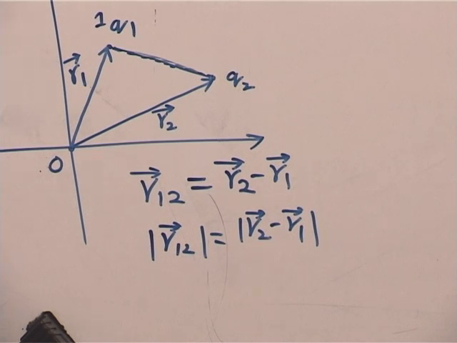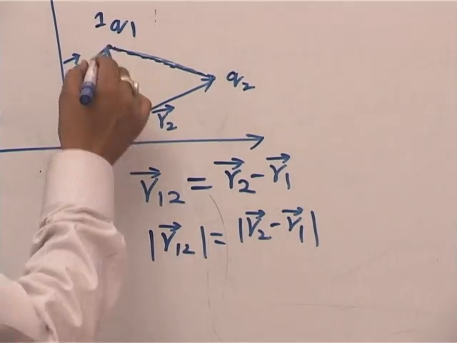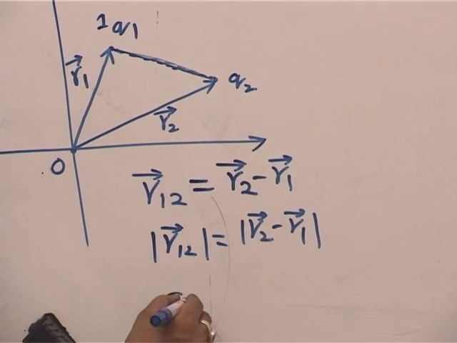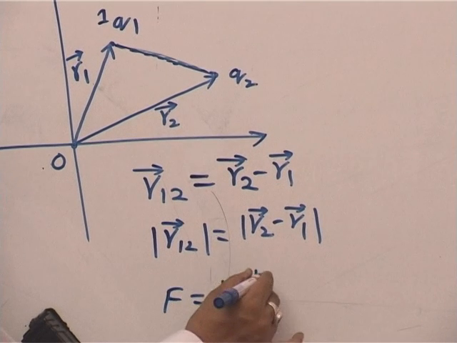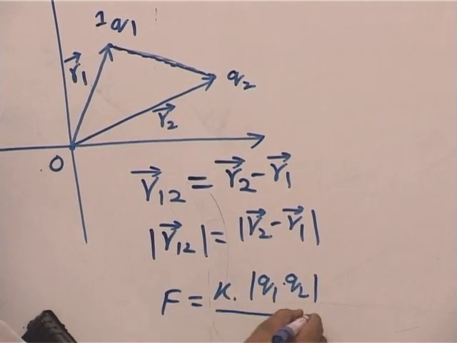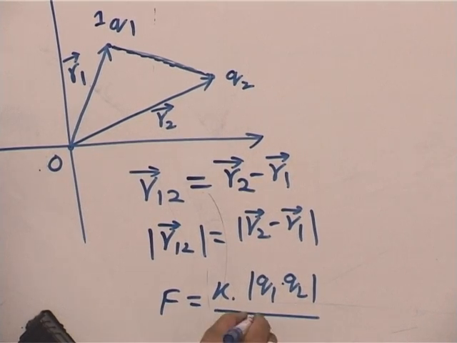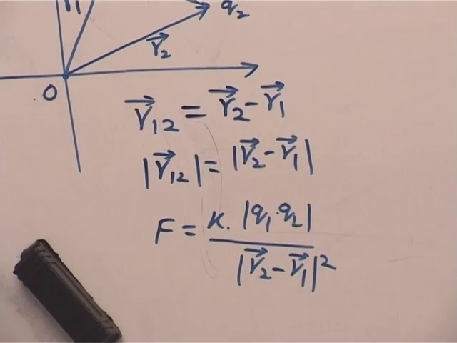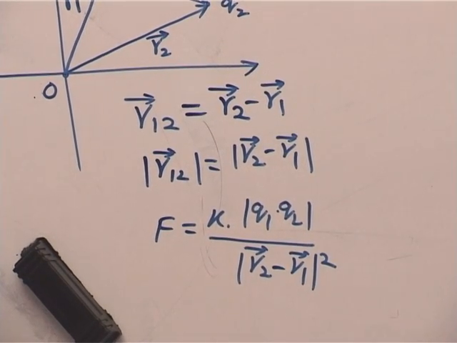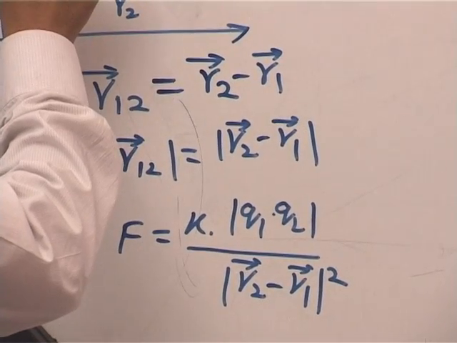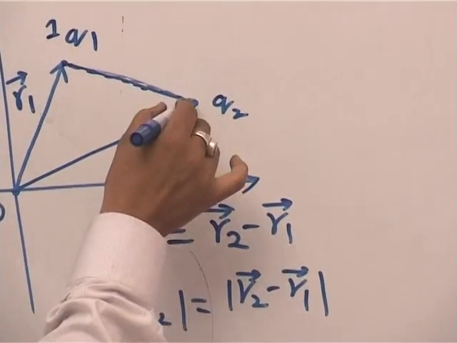Now from Coulomb's law, the magnitude of the force F will be K q1 q2 divided by the square of the distance between them. And the direction of the force was, if they have similar sign, then it will be repulsive.